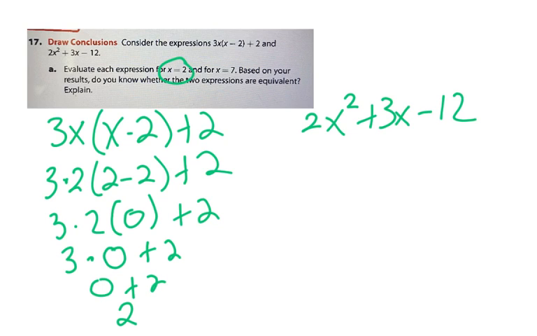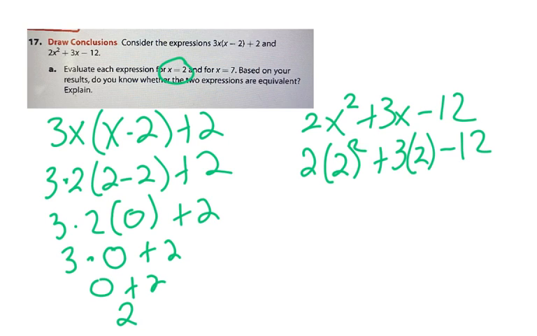Now I'm going to do the same thing over here. I'm going to plug in a 2 for x in this expression. So this is going to become 2 times 2 squared plus 3 times 2 minus 12. Well, 2 squared, order of operations says I have to do exponents, right?